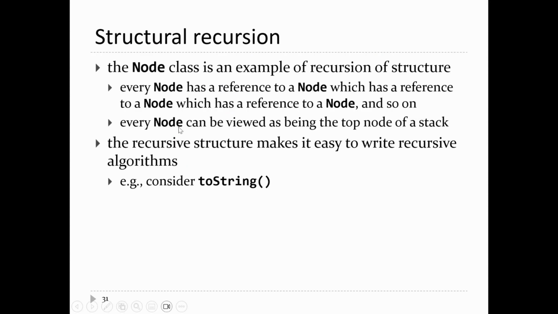Okay, so this is the first time we've seen a class that has a reference to itself. The node class is an example of what's called structural recursion. The structure of the node class is recursive. Every node has a reference to a node. That node has a reference to another node, and that node has a reference to another node, and so on.